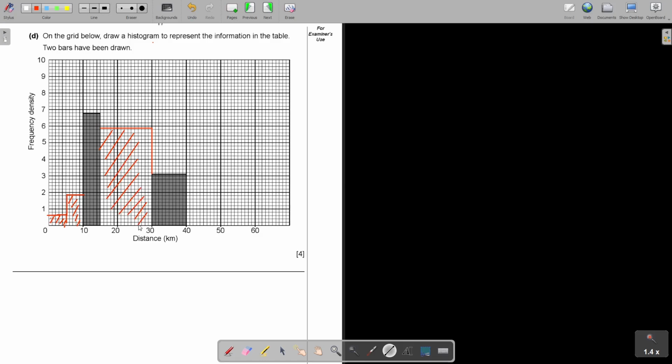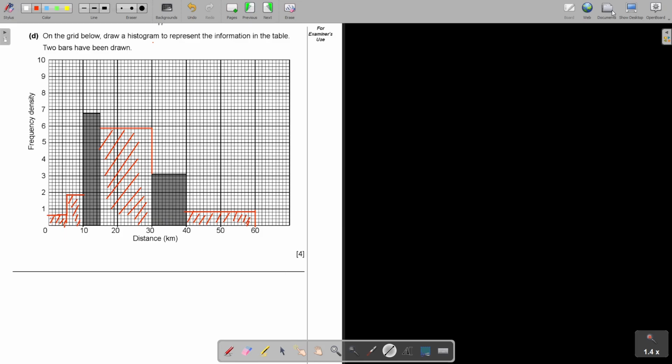Okay, and then it's going to be 30 to 40 I have. Then I'm going to do the last one, from 40 to 60, and that's just going to be 0.8. Okay. And that's going to be your final one.